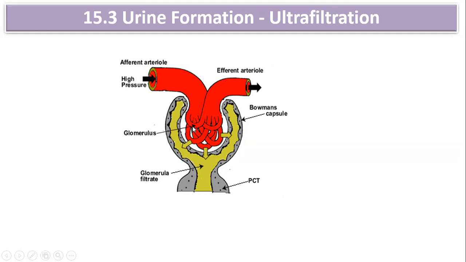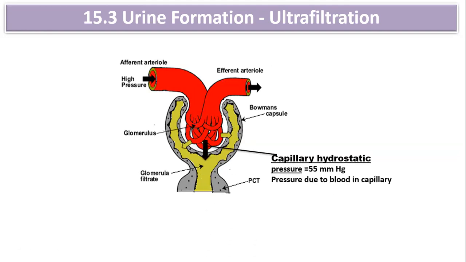So there is a pressure inside the glomerulus, called capillary hydrostatic pressure, or glomerular hydrostatic pressure, which is around 55 mm of mercury column. That is the pressure due to the blood in the capillaries.